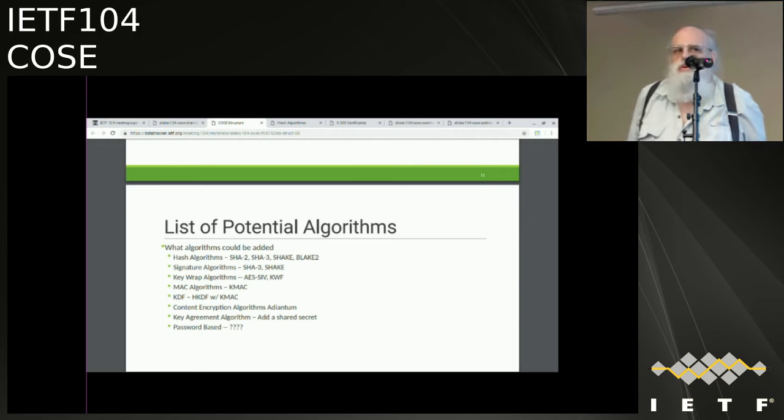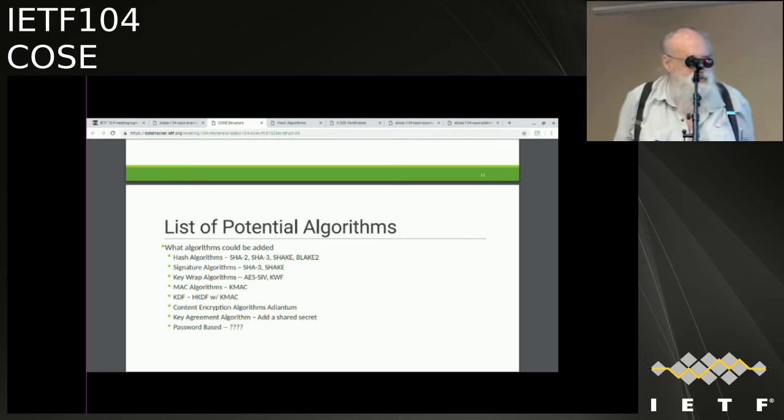So there's a whole slew of potential algorithms that we could put into this. Hash algorithms that we don't currently have, although some of those hash algorithms are in the hash draft. There's all sorts of signature algorithms that we could be adding, key wrap algorithms, MAC algorithms, KDF algorithms.